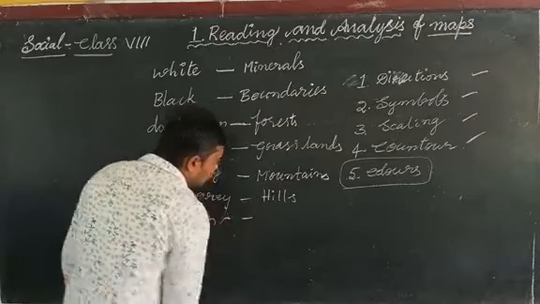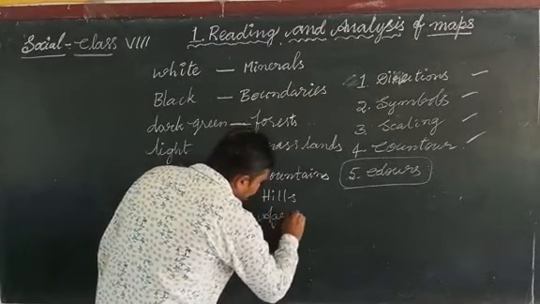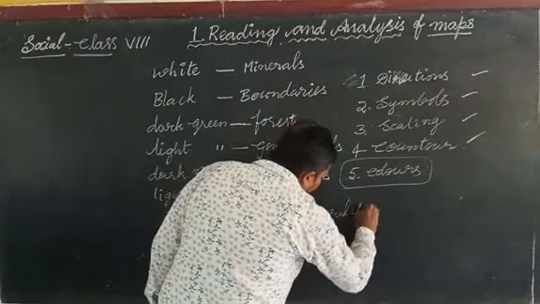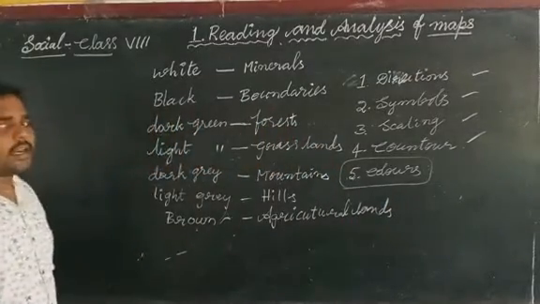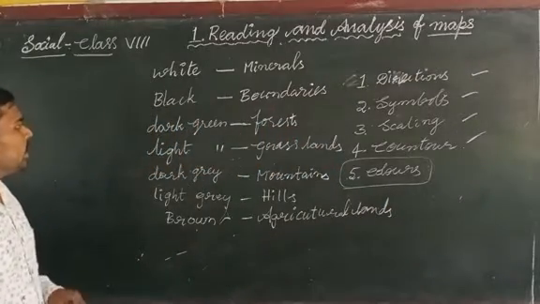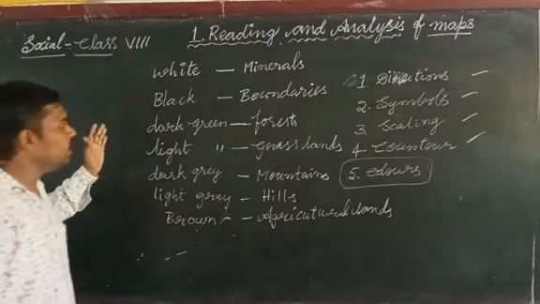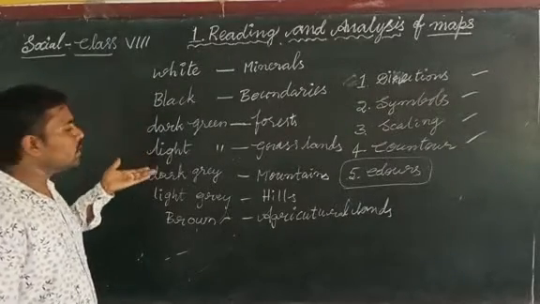Brown color represents agricultural lands. With the help of these colors, also we can identify the different types of locations.